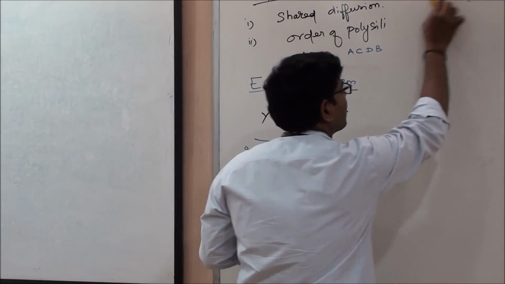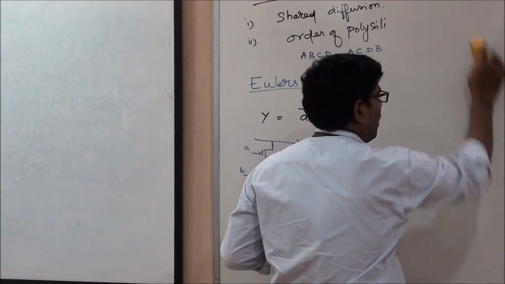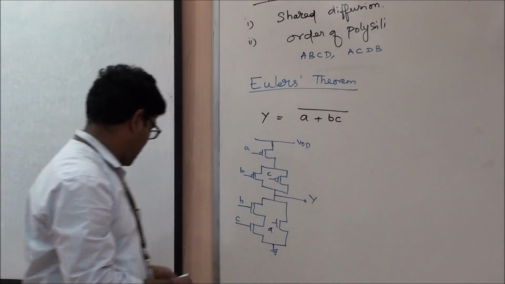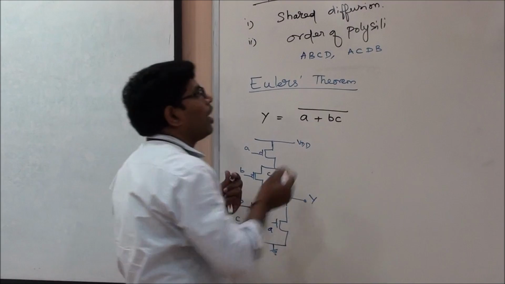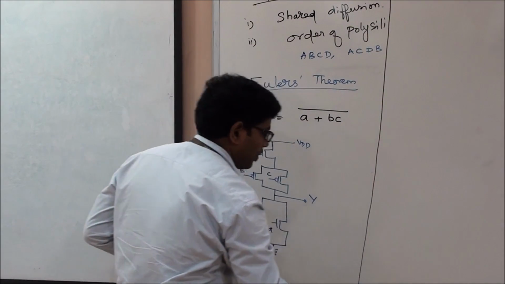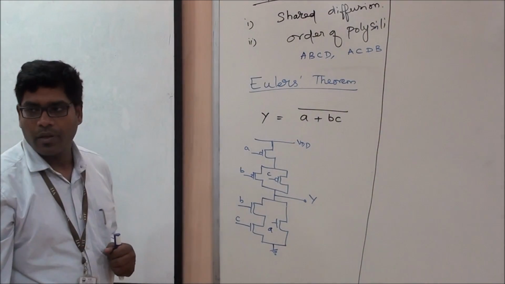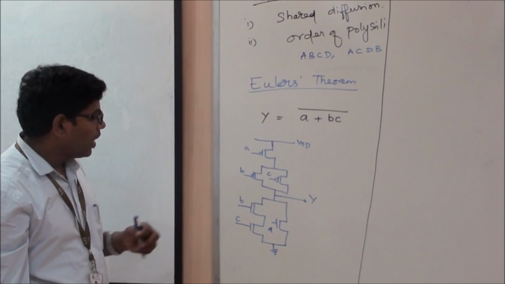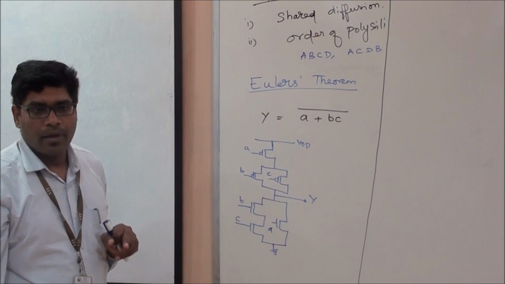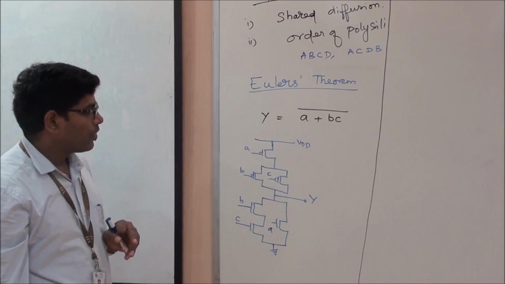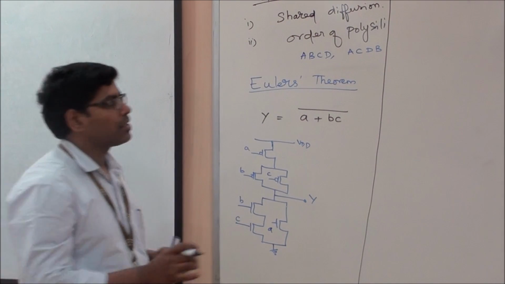Now let's see what this Euler theorem says. The rule for this Euler theorem is something like this. Convert this schematic to nodes and edges.